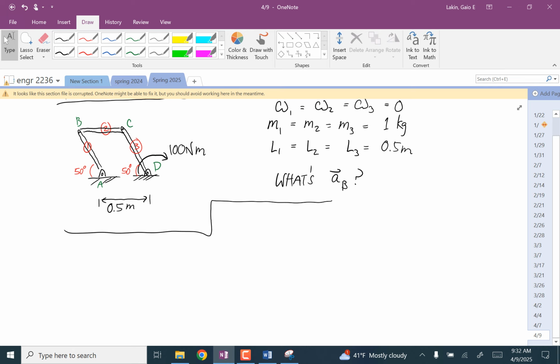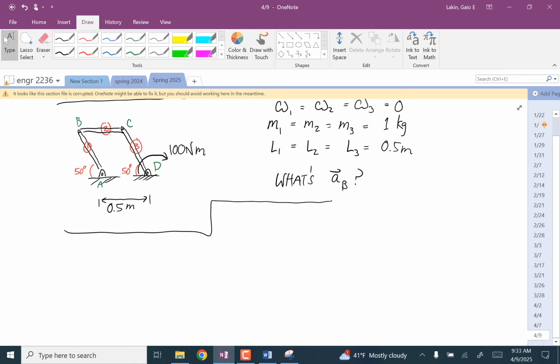And then we're not using Newton's second law, so we'd have an alpha 1, but no A1 vector. Okay? So at first thought, you think 1, 2, 3, 4, 5 variables, but 2 of those variables are not going to show up in Newton's laws. Can you think which 2 those are? Reactions. The reactions at A are not going to show up because we're not using Newton's second law, and that's the about point. So they don't produce a moment since they're at the about point. And so we start out with 1 equation and 3 variables.